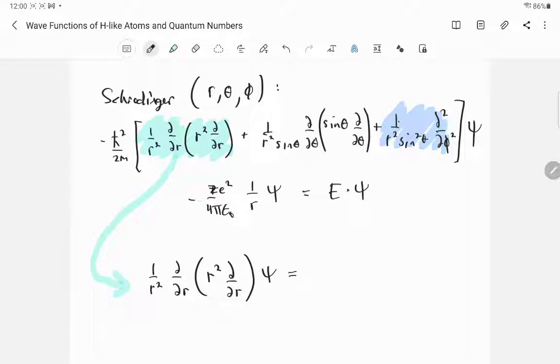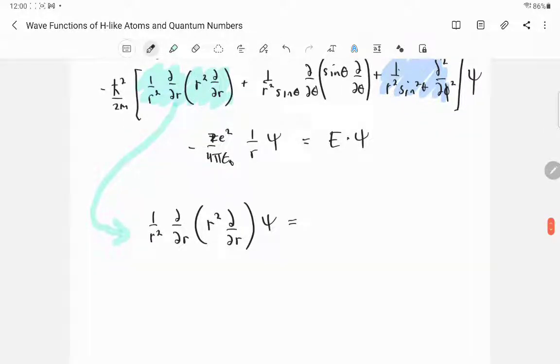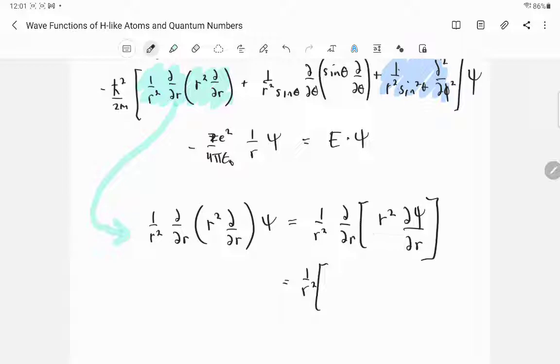And what this looks like, you have to be pretty careful, is it's got a product rule problem, right? So what we need to do is do 1 over r squared, take d by dr of r squared d psi by dr. This is how the operator is going to work. So the derivative has got to do the product rule. It's 1 over r squared times twice r, right?